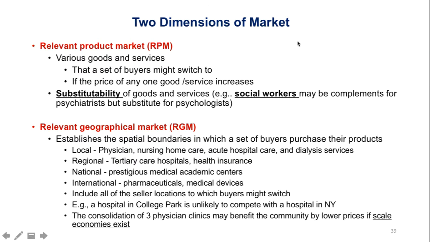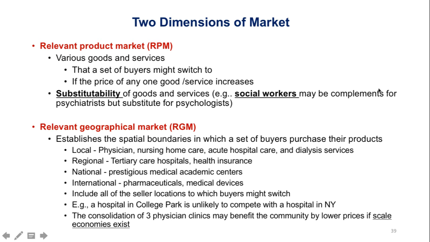There are two dimensions of a market. The first one is the relevant product market. You have to define the relevant product market, and also determine the relevant geographical market. When determining the relevant product market, you have to look at various goods and services that can be used as a replacement, a substitute, or a complement.